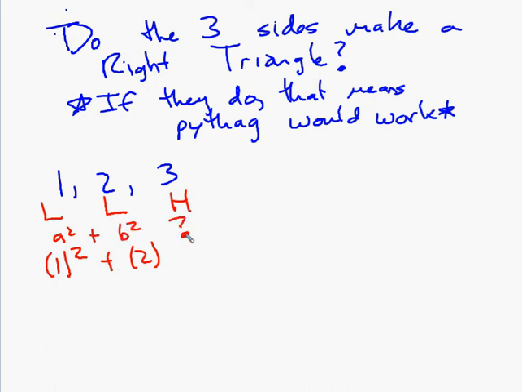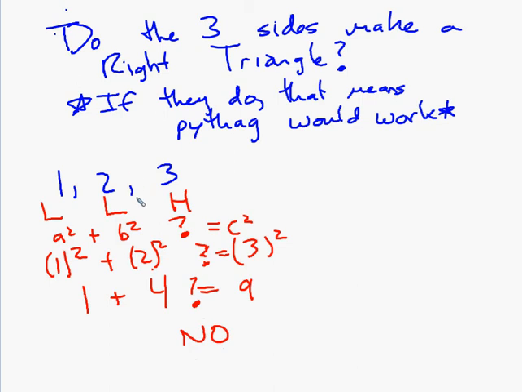So I don't know if it works, so I'm asking a question. Does a squared plus b squared equal c squared? 1 squared is 1, 2 squared is 4, and 3 squared is 9. And I'm asking, does 1 plus 4 equal 9? No. And the answer is no. So is this a right triangle? No, it is not a right triangle.